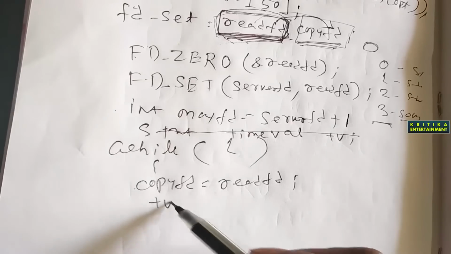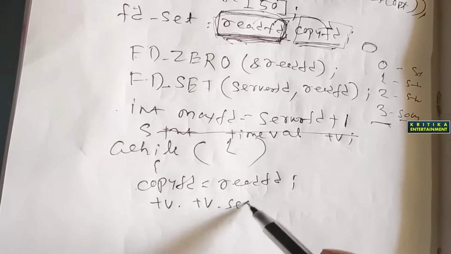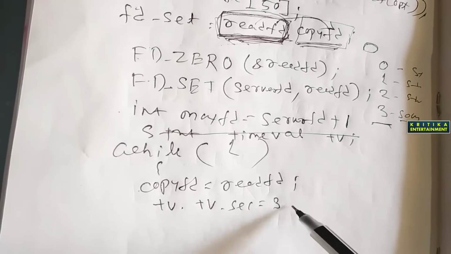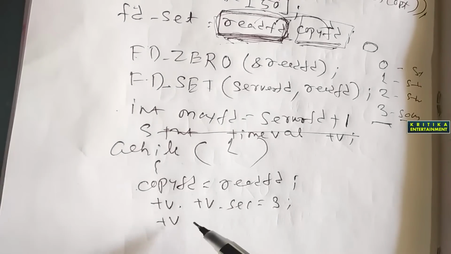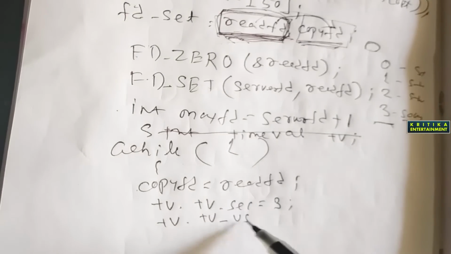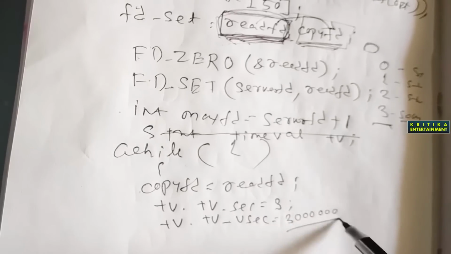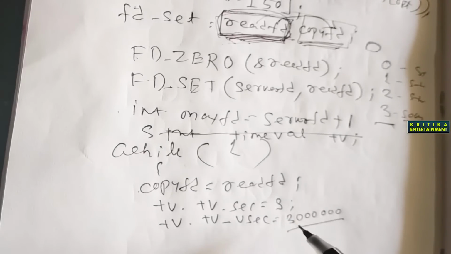Then tv underscore sec, time value seconds, is equal to 3, and tv underscore usec I have given, that means 3000 milliseconds.